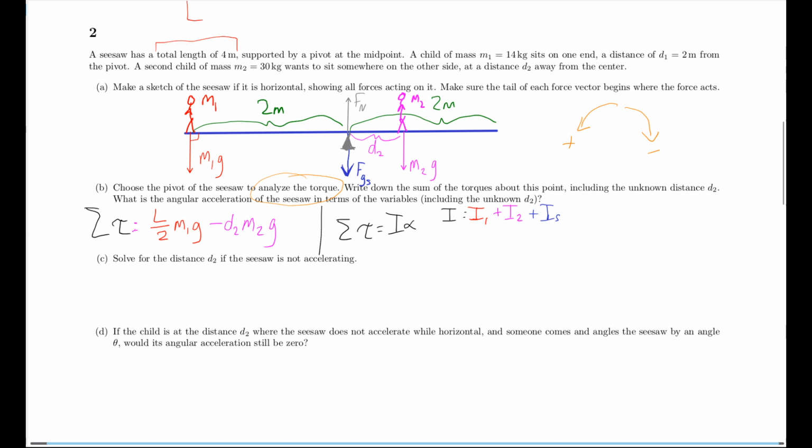It turns out that in part C, we're interested in the case where it doesn't accelerate, so it's not going to matter. But for this part, I need to write everything down.